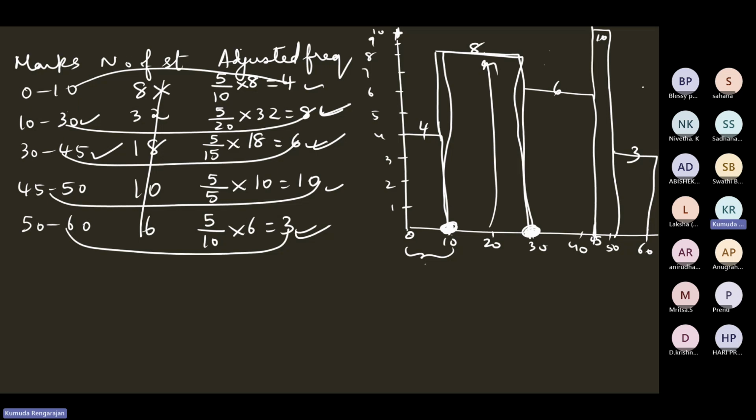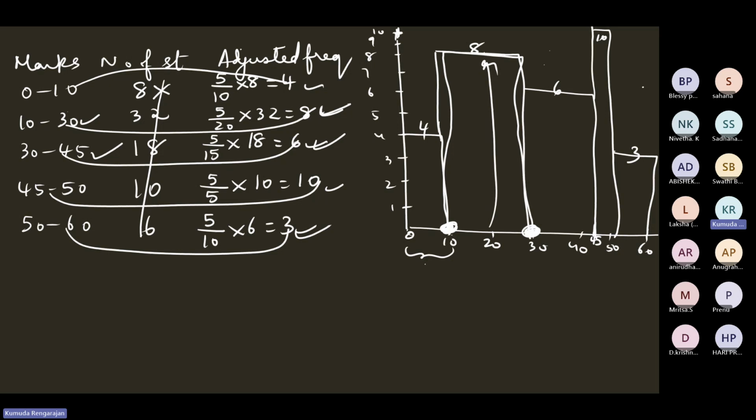So when do we find adjusted frequencies? When the class intervals don't have a uniform width, you should find adjusted frequencies. This is the only variation you can get in your syllabus.